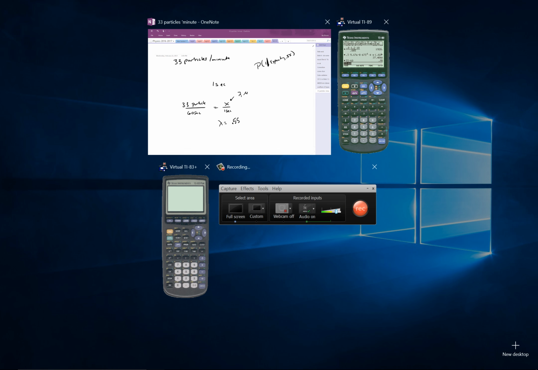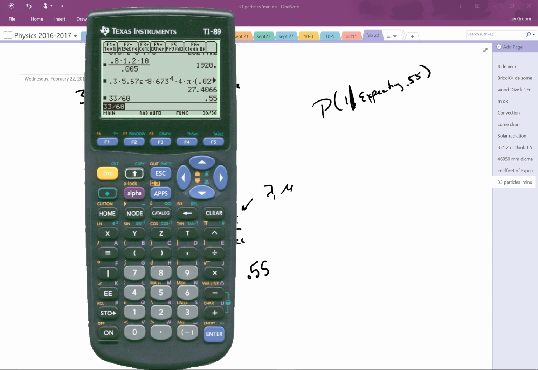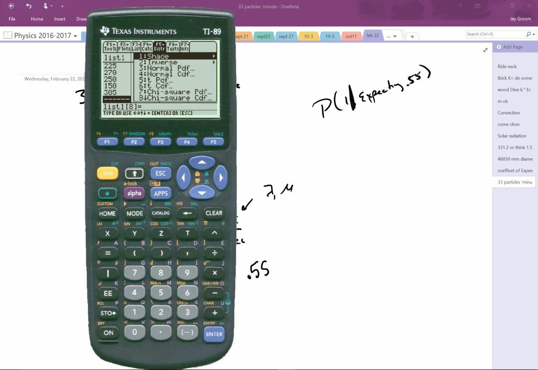So when we do it in our calculators, let's do this one first. So apps, again, I'm not sure which one you're using, so we'll go this way first. So I'm going to do the Poisson distribution. And did it say exactly, or did it say at least 1? It says at least 1.